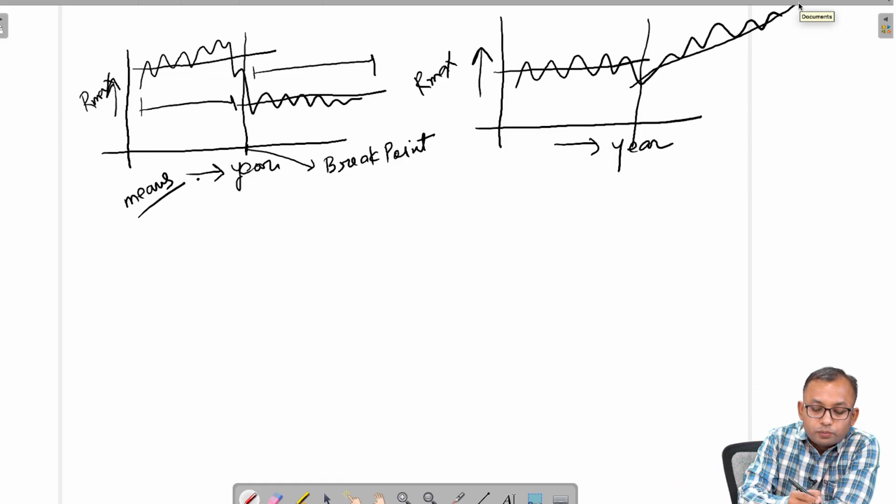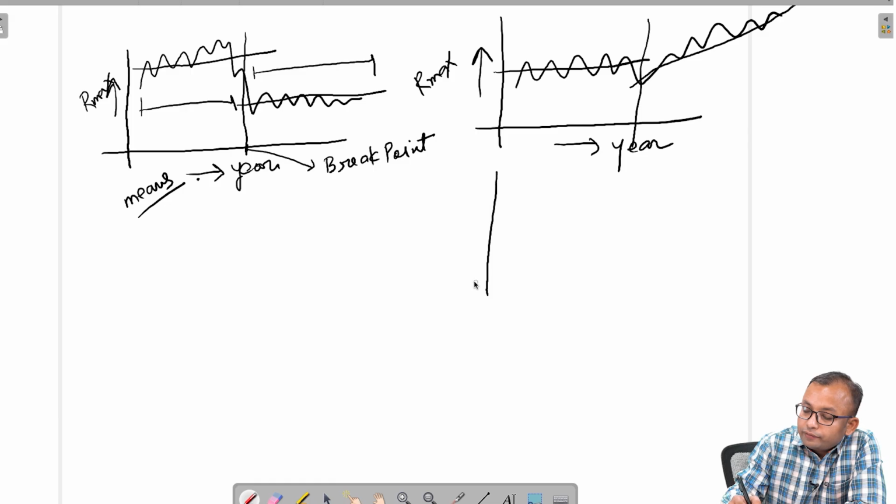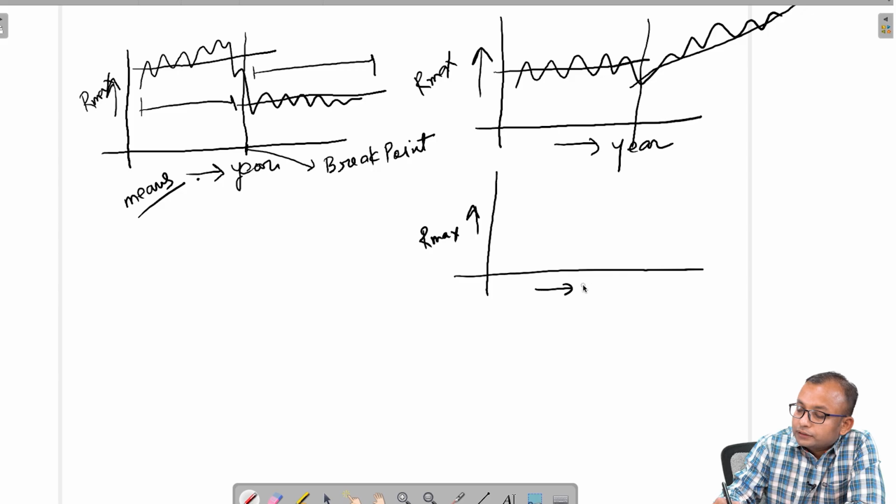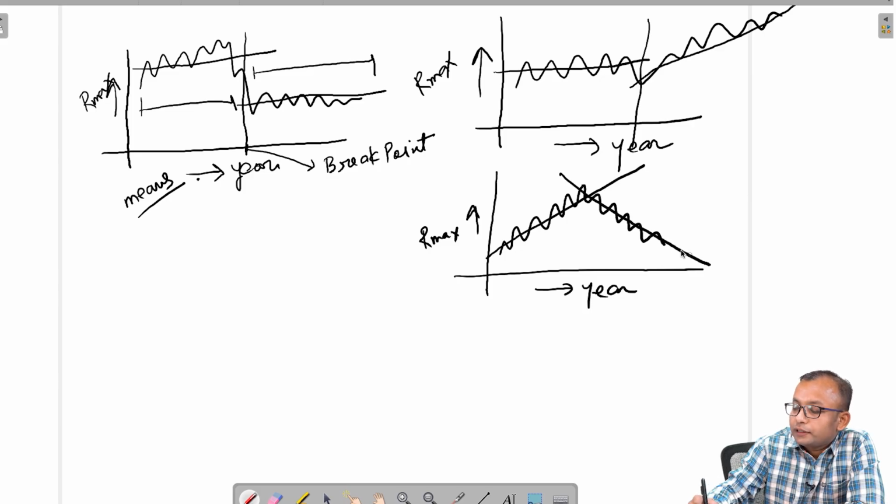Or maybe you have R max against year, and there is an increasing trend in the data, and then suddenly it is decreasing. This is called a break point of the data set.